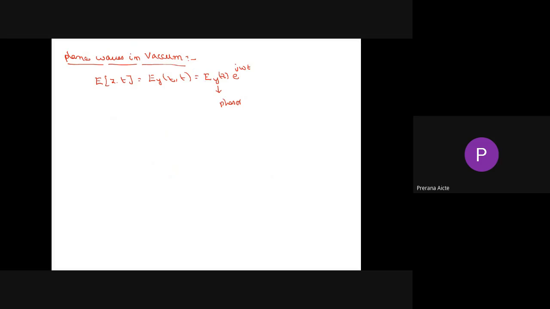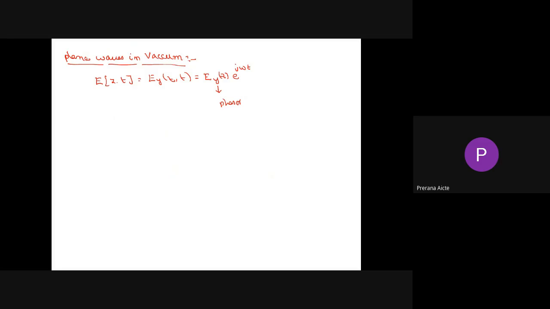Now, while simplifying this in vacuum, the phase velocity of the wave is equal to the velocity of light c.